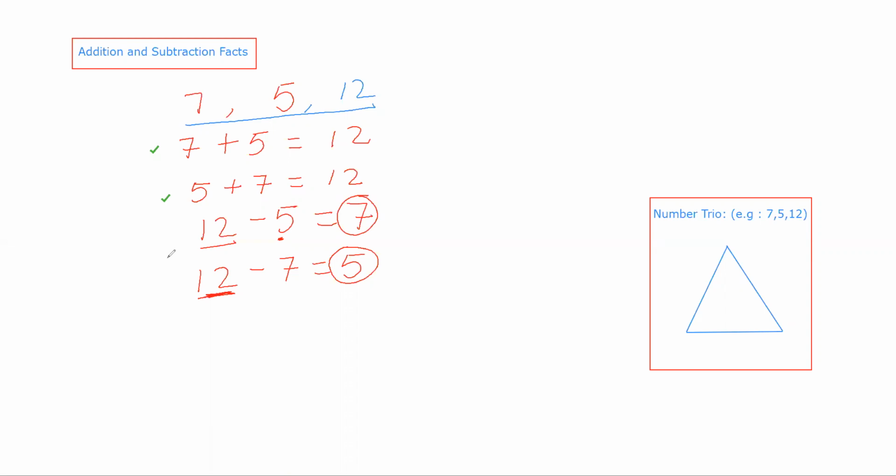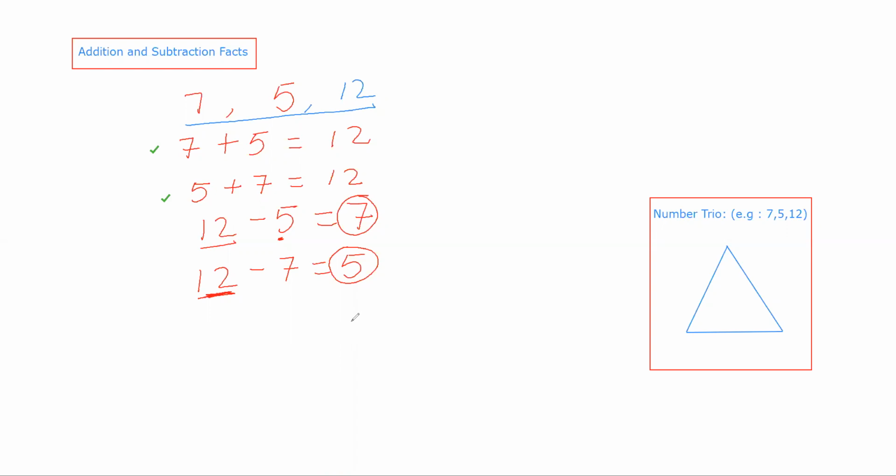Now, the question is sometimes you are given, out of these 4 equations, one equation, and you are asked to find the remaining addition or subtraction number facts. Okay. When it happens, it becomes a little trickier to work out the remaining addition and subtraction facts, and sometimes we end up making mistakes. So I'm going to tell you a very simple, easy method to complete your addition and subtraction facts if you are given any one fact.